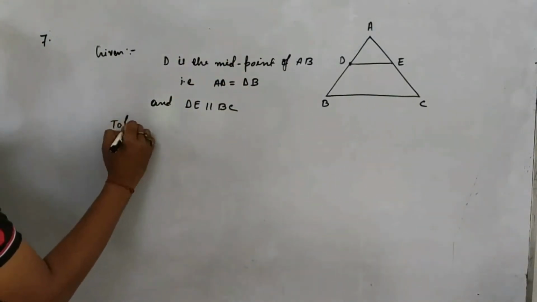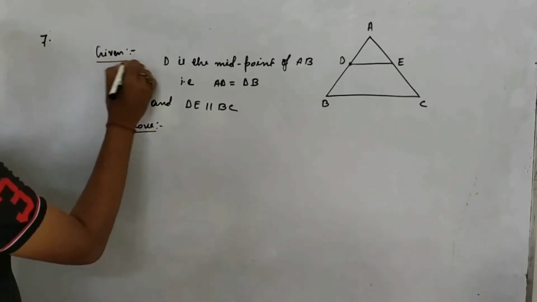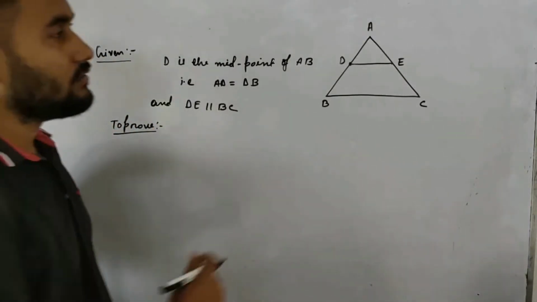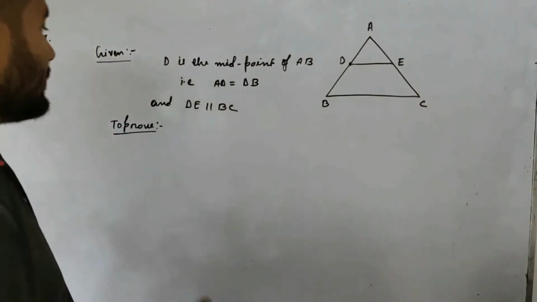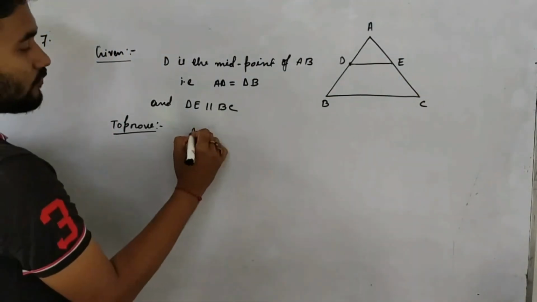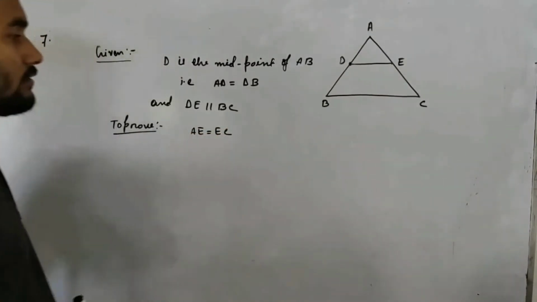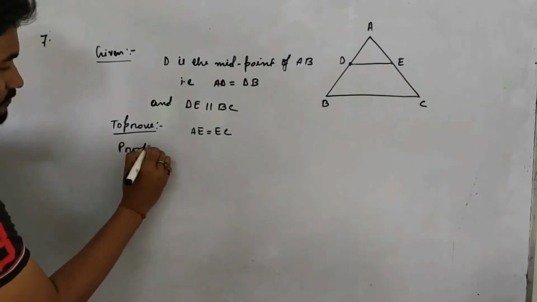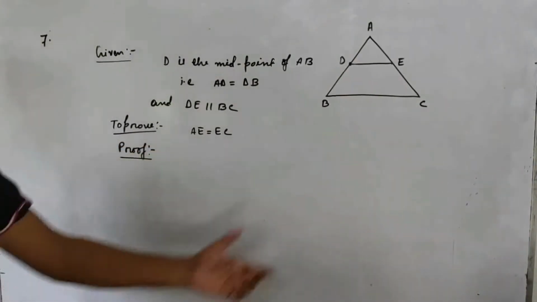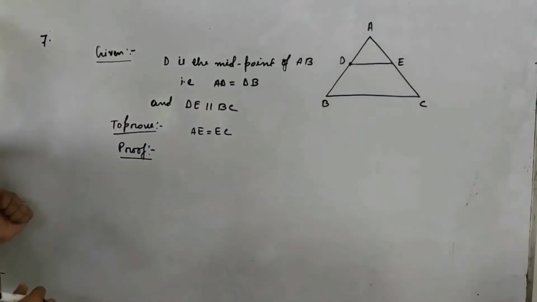To prove that it bisects the third side. What is the third side? This one. So this side should be bisected at E. That means we have to prove AE is equal to EC. Start the proof. Very simple proof. Triangle is there. Parallel is there. We can use the basic proportionality theorem, right?